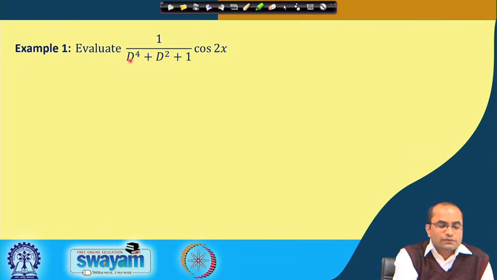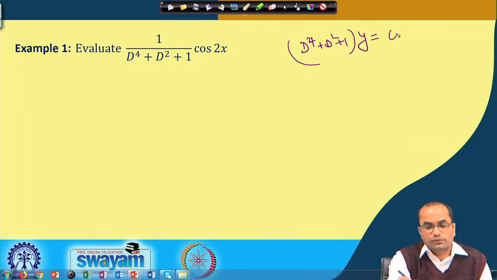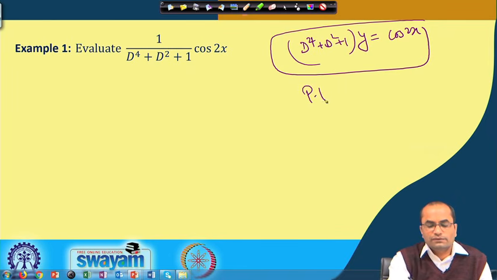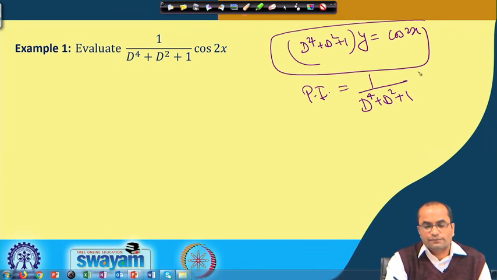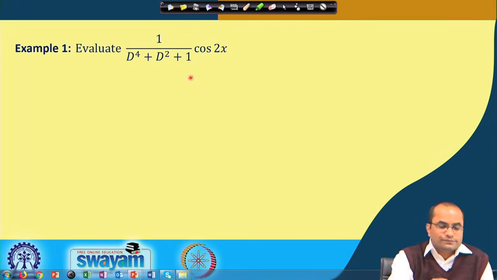Our differential equation is d power 4 plus d square plus 1 operated on y equal to cos 2x, and we want to get just the particular integral, nothing else.